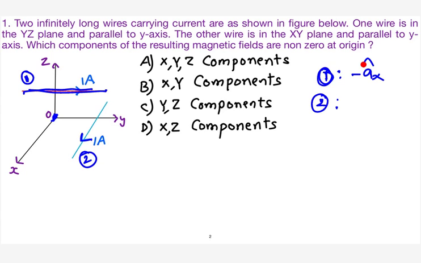So do the same thing for the second also. Right now, you make your thumb in the same direction as X. And what is the movement of all other fingers? Negative Z axis for the second. Very good.